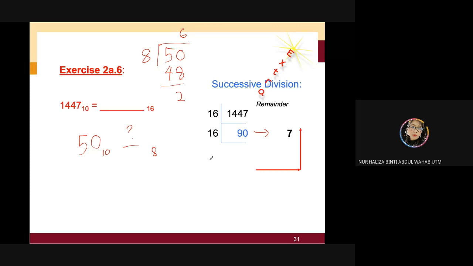And over here, you will have 50 divide with 8. You will get 6, and your remainder will be 2. And over here, your 6 cannot divide again with 8. So this is your remainder and your answer will be 62.